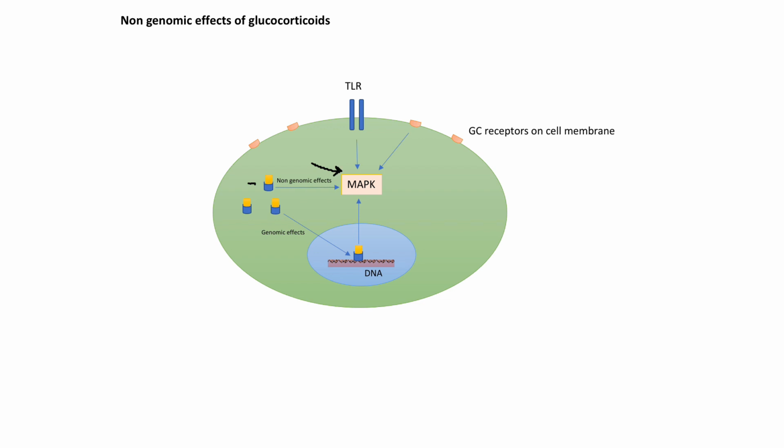And these receptors can also translocate to nucleus and result in production of inhibitors of MAPK pathway. And MAPK pathway can also be inhibited from signals from cell membrane receptors. So there are several ways by which glucocorticoids can inhibit a particular pathway.